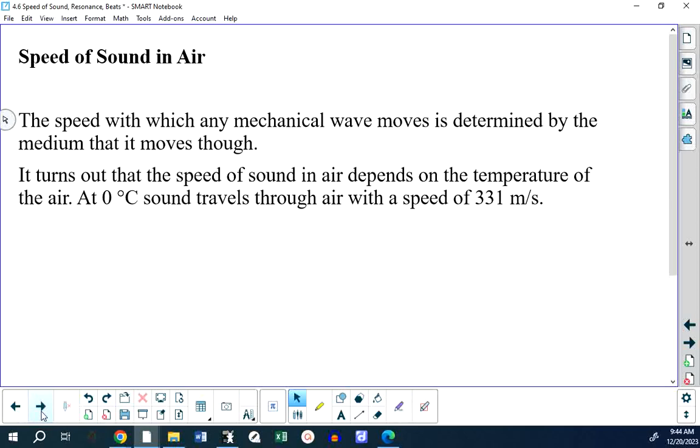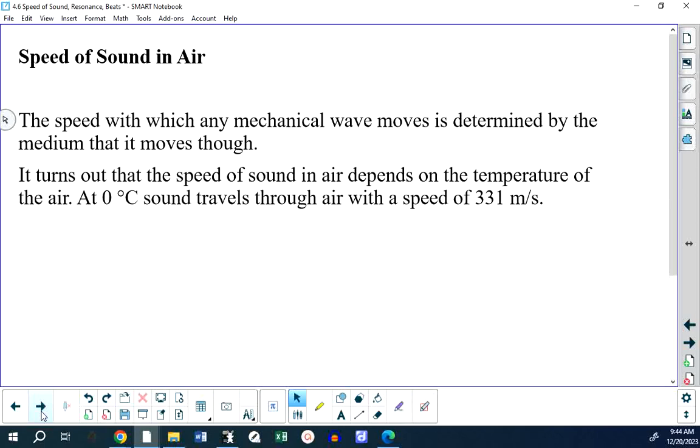Okay? And it turns out that at 0 degrees Celsius, and there are other issues here like the density of the air, you know, the speed of sound on a mountaintop where the air is thinner is going to be different than the speed on the surface of the earth. But generally speaking, we use the number 331 meters per second at 0 degrees Celsius.